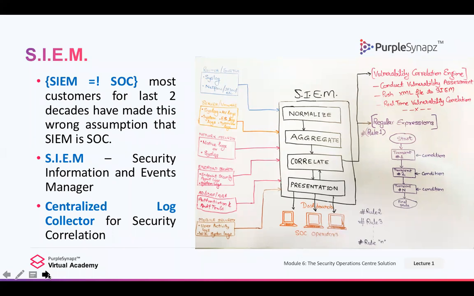So with this knowledge of normalization, I will only see source IP is equal to this, irrespective of whether the source of the event was a router or a firewall. That's what normalization will render.